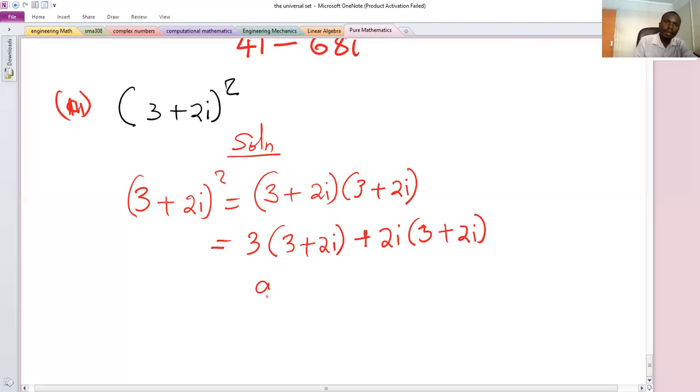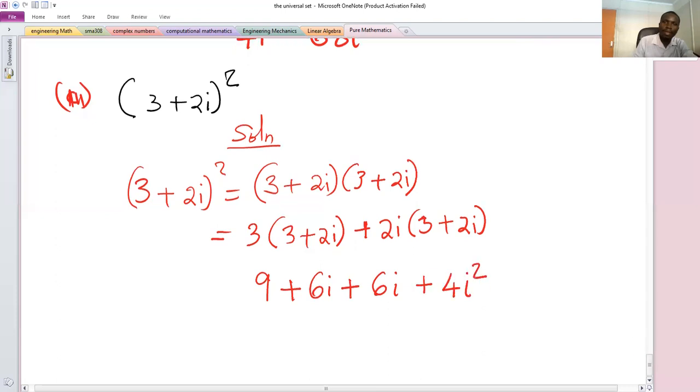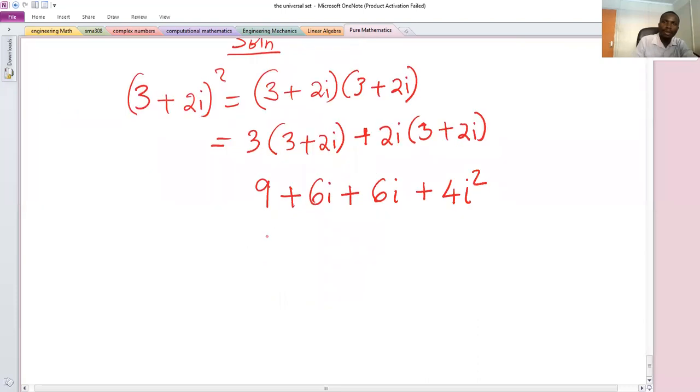3 by 3 is 9. 3 by 2i is 6i. 2i times 3 is 6i. 2 times 2 is 4. And then i times i is i squared. But don't forget i squared is -1. So we'll have 9, this will give us 12i, plus 4 times -1.